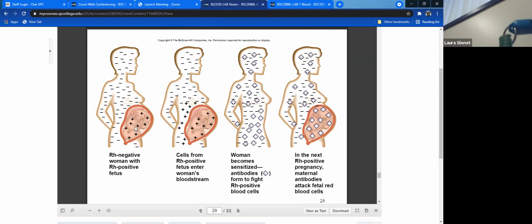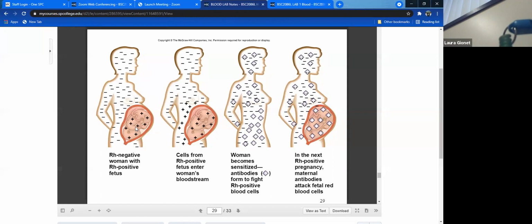And this can happen. It's usually not at risk for the first pregnancy because it takes a little while, and often you don't get mixing of blood like that until birth, maybe upon amniocentesis, trauma, actually vaginal birth, where you have some mixing of the blood.